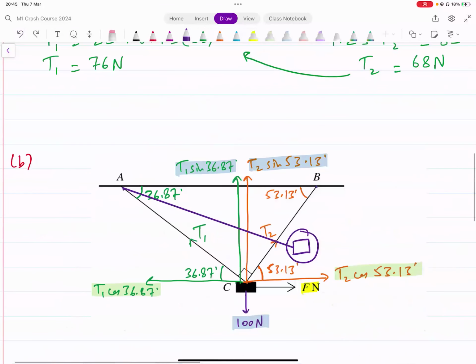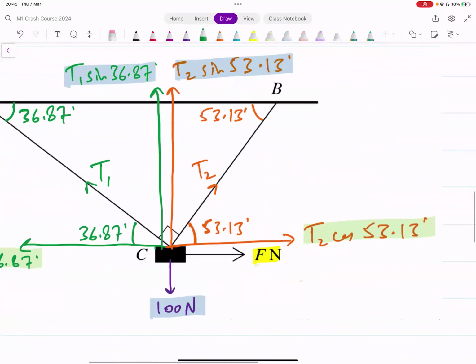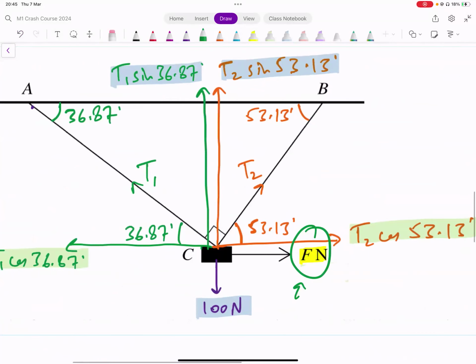Now, when you apply this force F on the right side, if you keep increasing this value, to balance that force F, T1 keeps getting larger because there's going to be more pressure at the point A. As you pull the block towards the right side, the string coming from point A is going to be under more pressure.